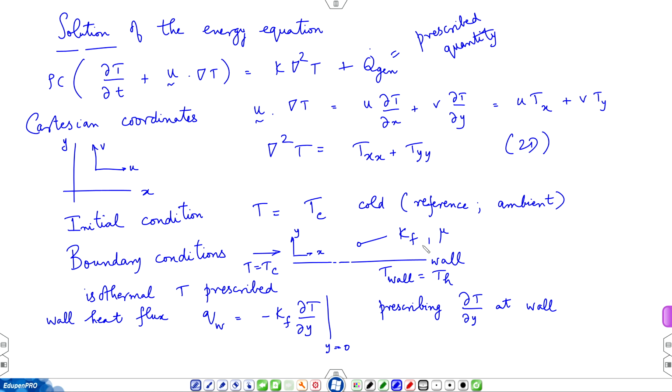The surface is said to be insulated if heat flux is 0, in which case this derivative is 0. If heat flux is 0, this normal derivative is 0. That is called an insulated condition. So, the third possibility is it is insulated.